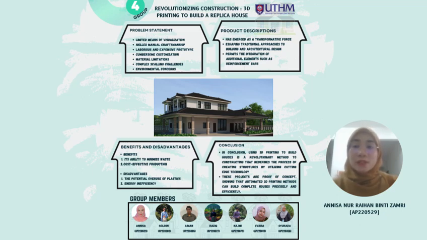The substantial environmental footprint of construction reflected the industry's struggle to balance the demands for housing with sustainable practice. This environmental impact highlighted the urgency for more sustainable and eco-friendly construction practices.